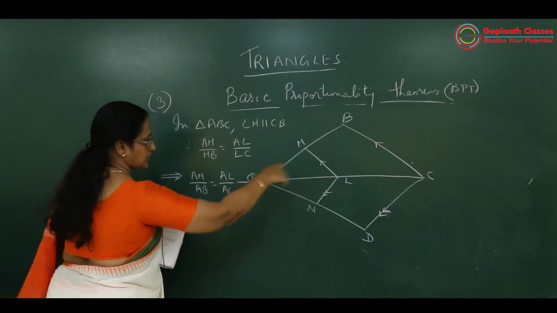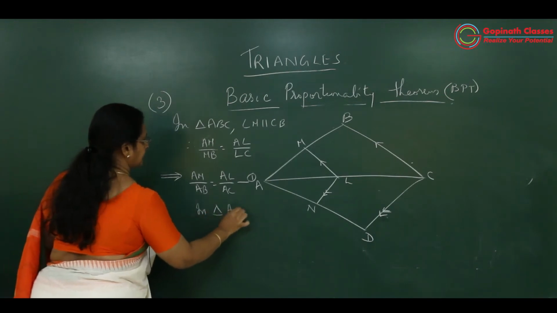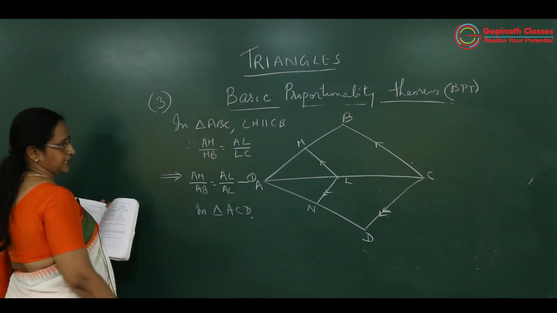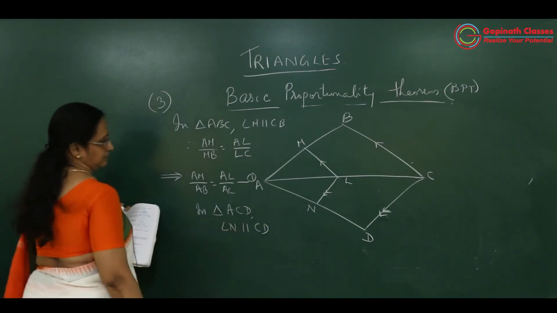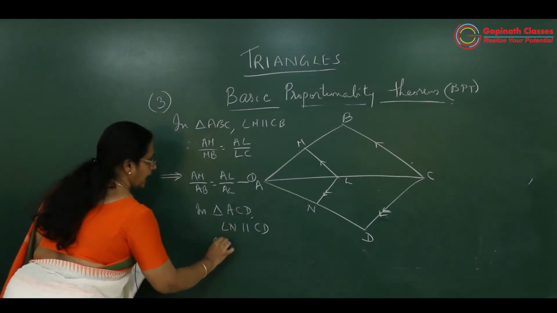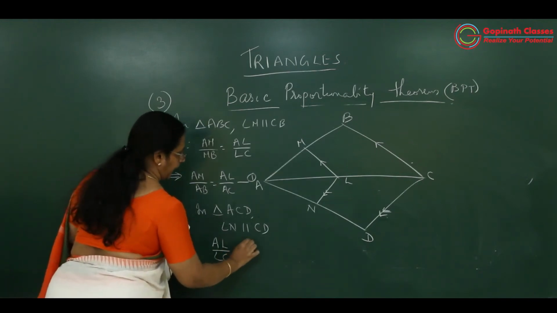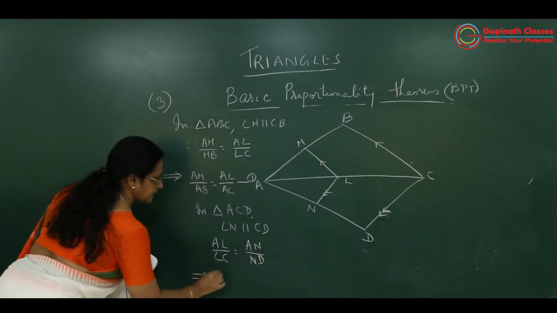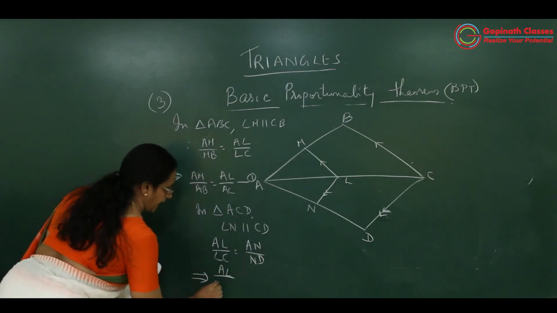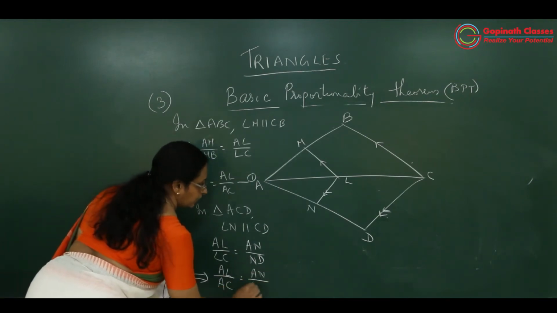Now let's come to this lower triangle, triangle ACD. In triangle ACD, LN is parallel to CD. Therefore, AL upon LC is equal to AN upon ND. What does this imply? AL upon AC is equal to AN upon AD.